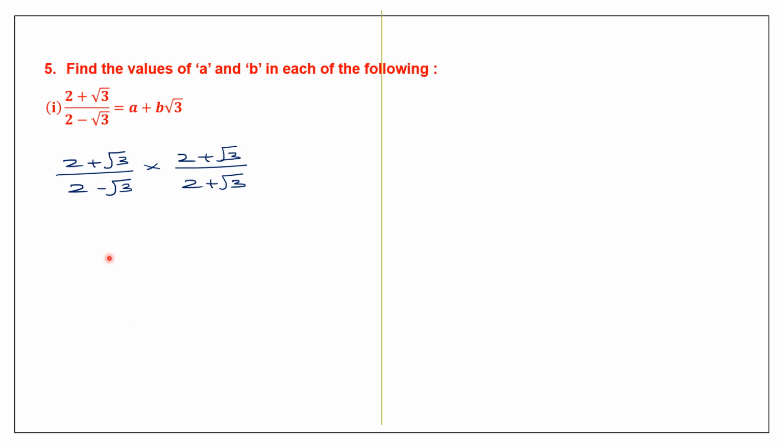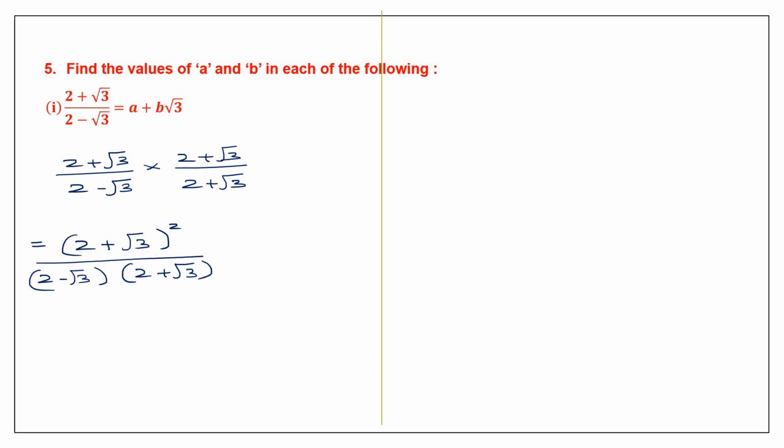So here we have 2 plus root 3 into 2 plus root 3, that is 2 plus root 3 the whole square. And in the denominator, what do we have? We have 2 minus root 3 into 2 plus root 3. So again here, this can be taken in the form of a plus b the whole square.